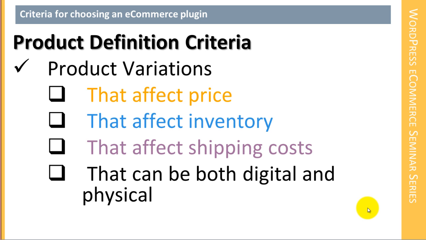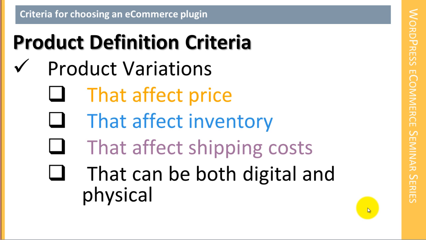And you have to ask yourself whether or not the product variation that is chosen can affect the price. Right? Is a large t-shirt more expensive than a small t-shirt, for example? Can the product variation affect the inventory? Now, if it can affect inventory, it's useless unless you're selling physical products.